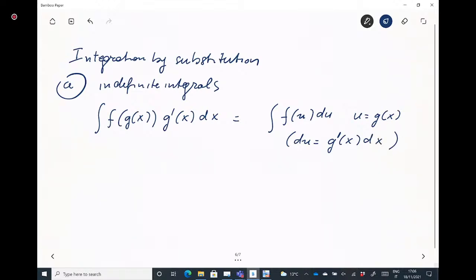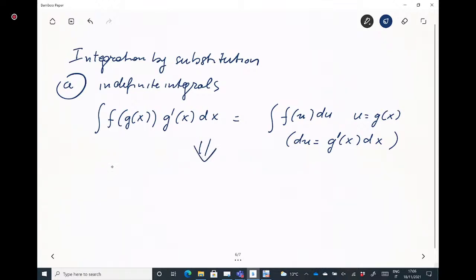This is basically what we did in the examples. This holds under certain regularity conditions of the functions, of course, but for differentiable functions having continuous derivatives, this is okay. And since this holds, we have a solution formula.